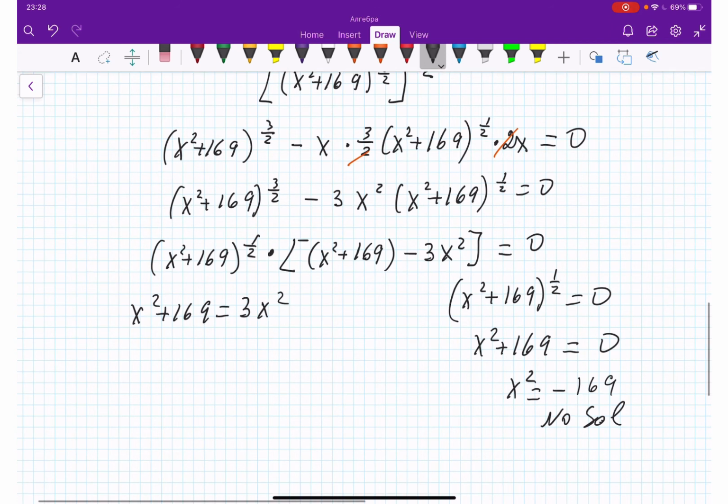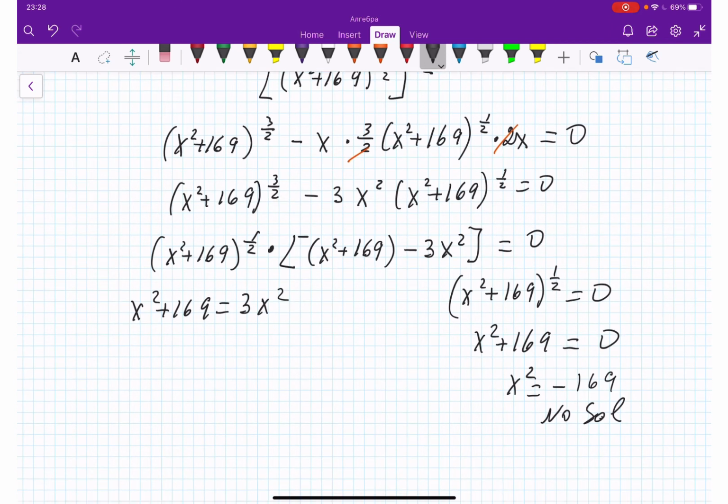We are getting here x squared. Actually, I shouldn't move to the right because I can combine here. Minus 3x squared equals 0. And I will get 169 minus 2x squared, right, after I combine these two, equals 0.